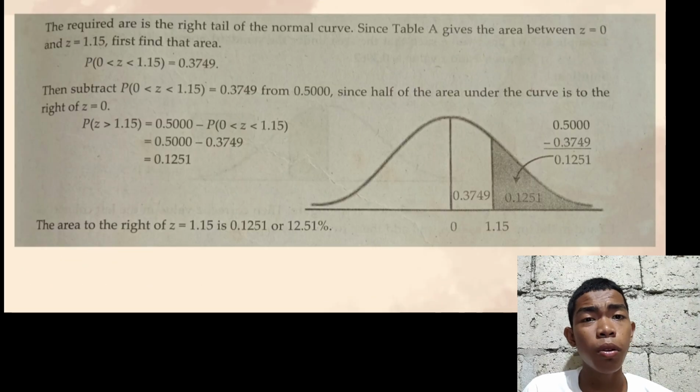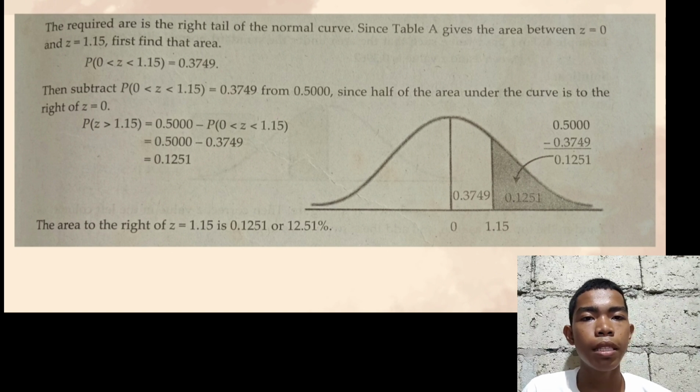So the required area is the right tail of the normal curve. So we subtract probability 0 < z < 1.15, which is 0.3749, from 0.5000, since half of the area under the curve is to the right of z equals 0.